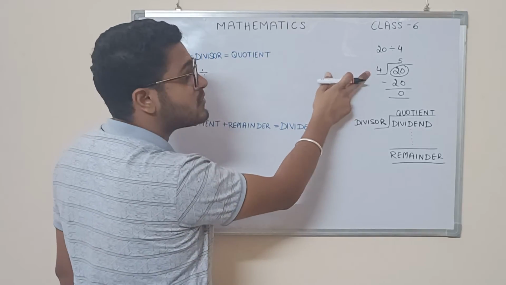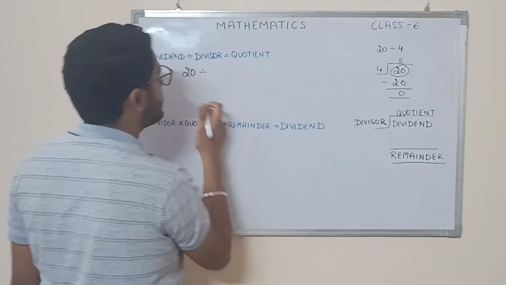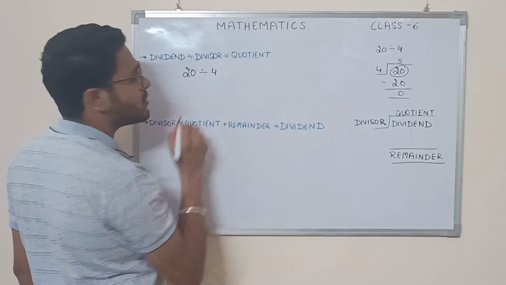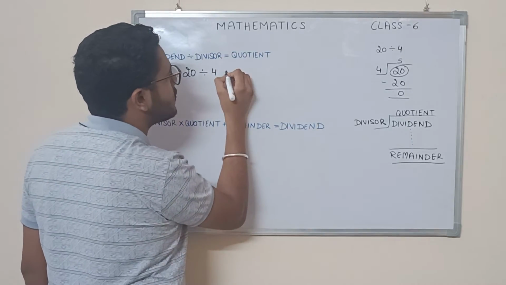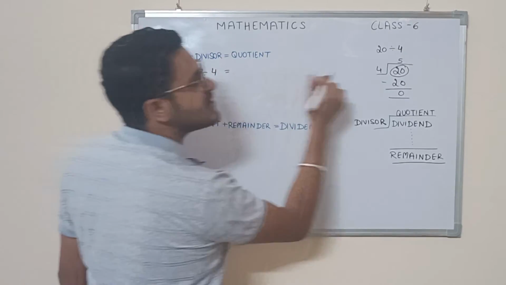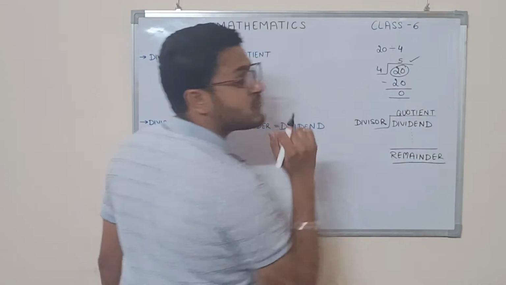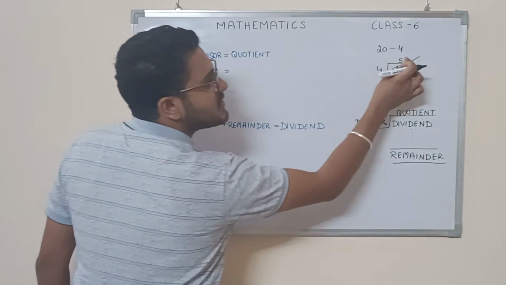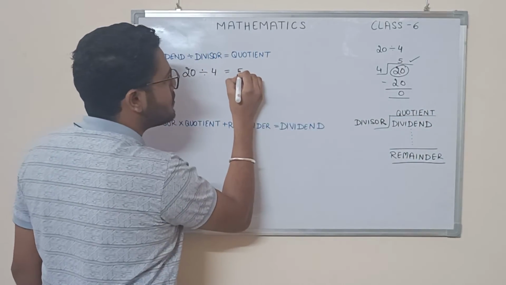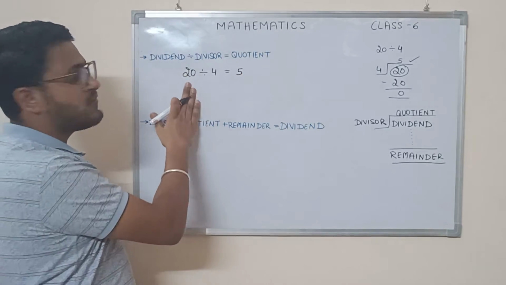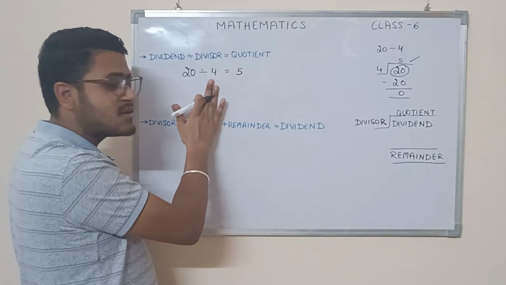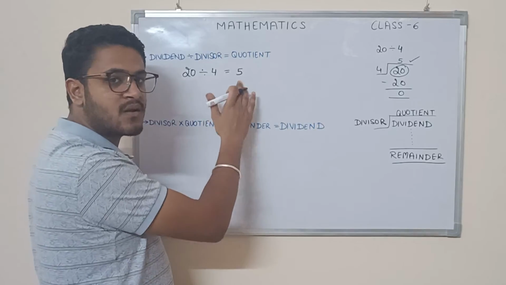With which number are we dividing? 4. 20 divided by 4, giving us a quotient. Quotient is the answer that we are getting. So the answer is 5. So this way, dividend divided by divisor gave us quotient.